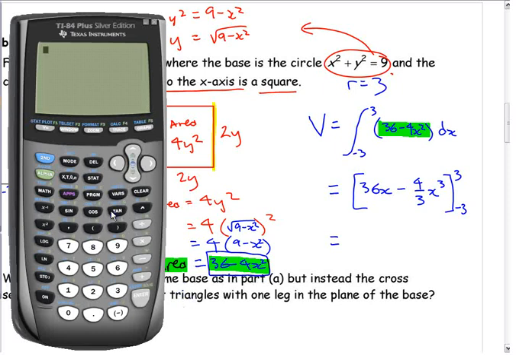If you're trying to work that out, why don't we say 36 times 3 minus, if you want to be fancy, you can use the fraction thing here, 4/3 times 3 to the power of 3. Is that right?